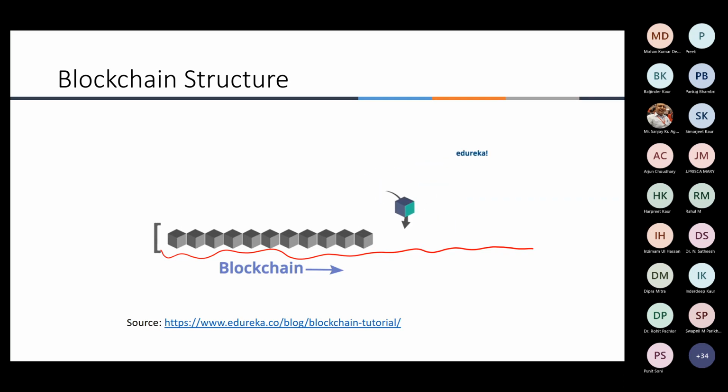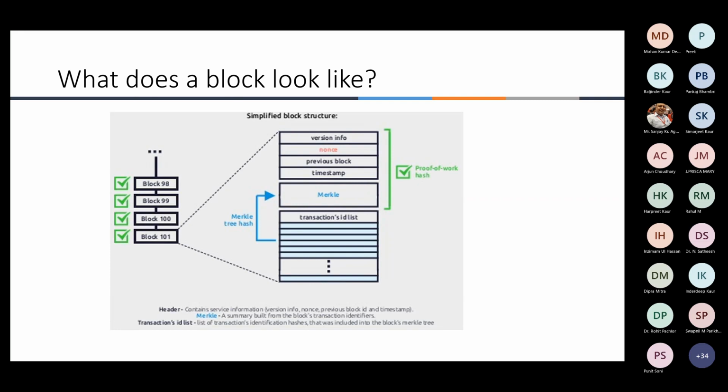But obviously this block must be validated by all the validating nodes participating in the blockchain network. This is the overall structure of existing blockchain networks. So how does a particular block look?